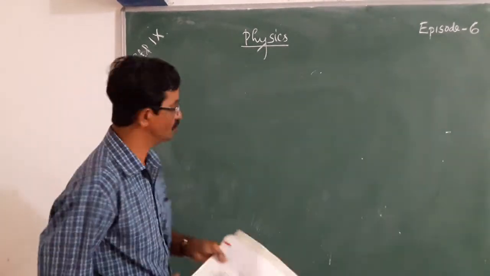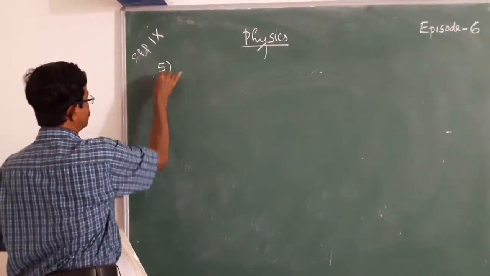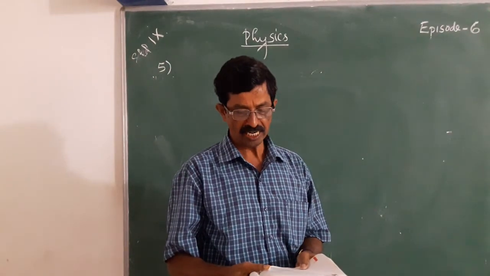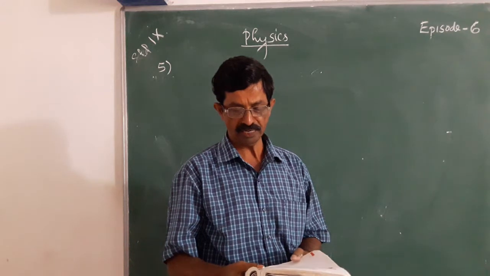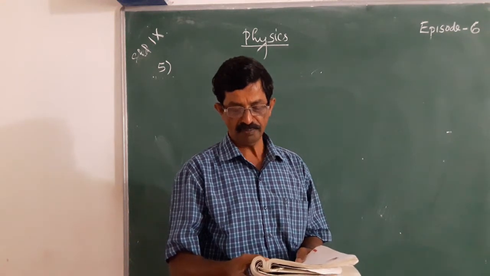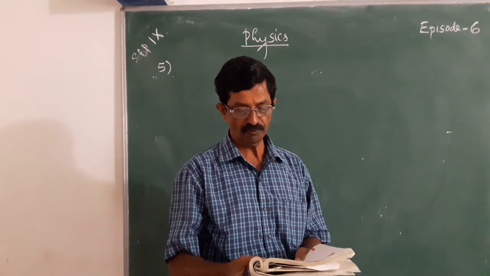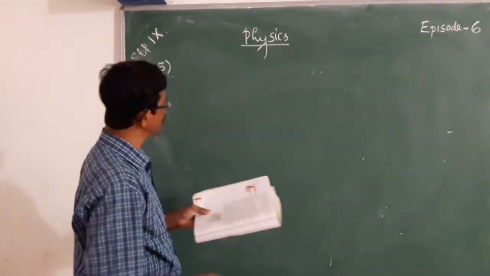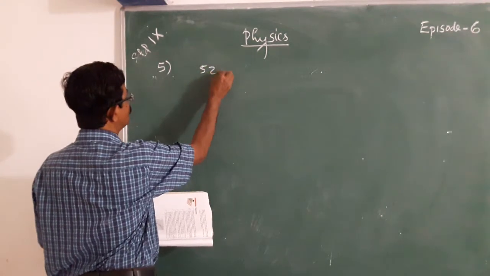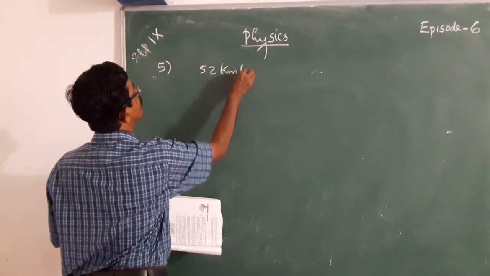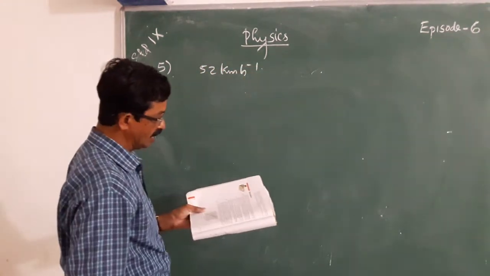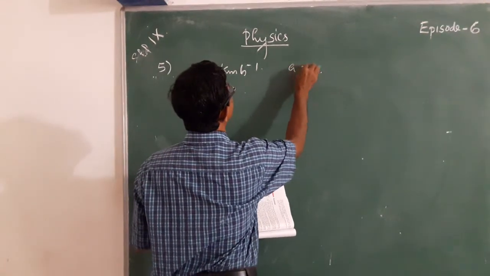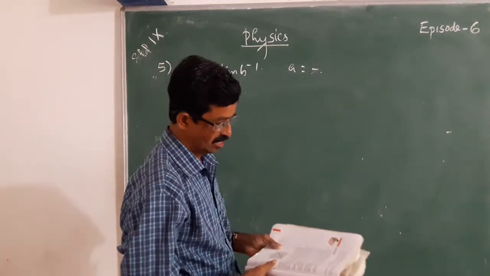Question number 5. A driver of a car traveling at 52 km per hour applies the brake and accelerates uniformly in the opposite direction. That means he is traveling at 52 km per hour, brakes are applied, so accelerating in the opposite direction, so a is negative.